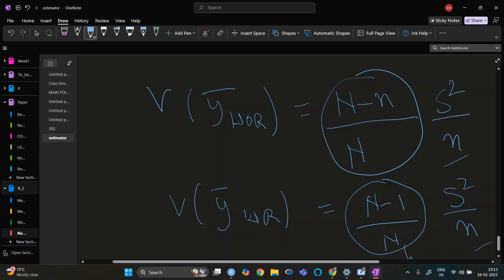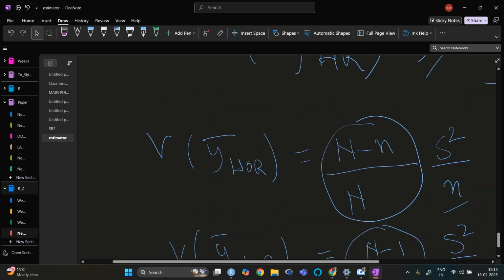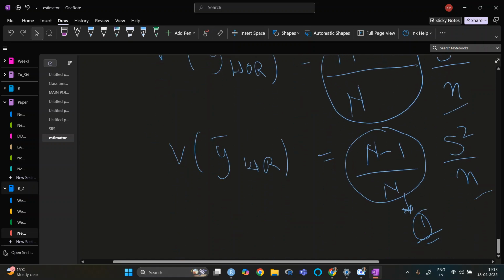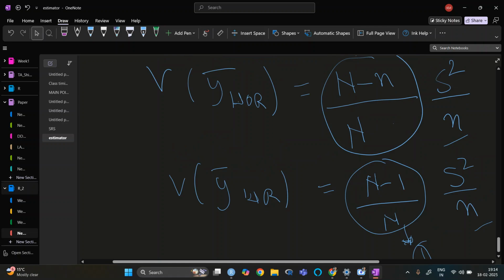Okay. Now in this, the sample size does not matter, only the population size matters. So if the population is very high, then we will not take this, and if the population size is low, then we have a problem here.